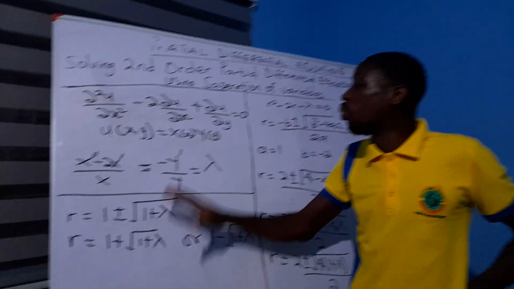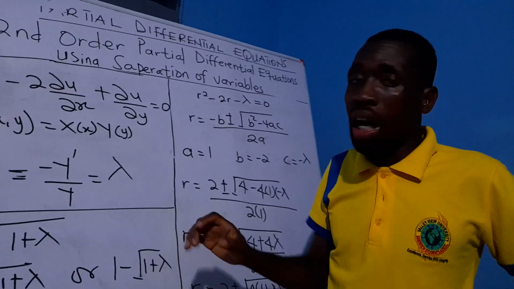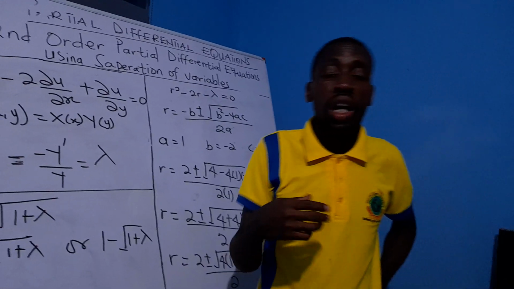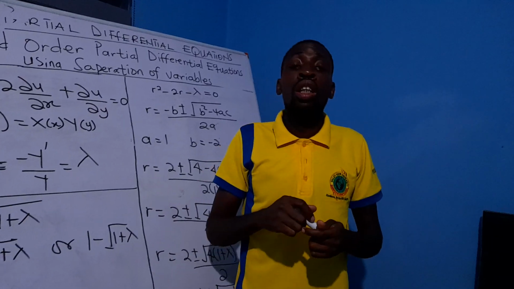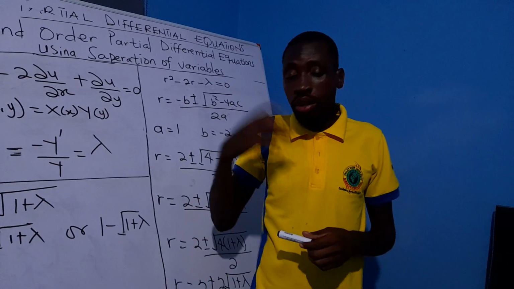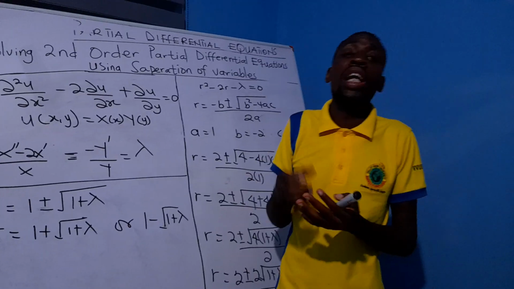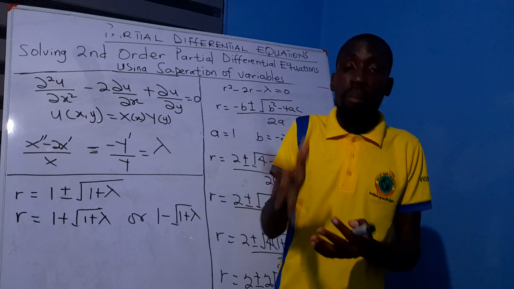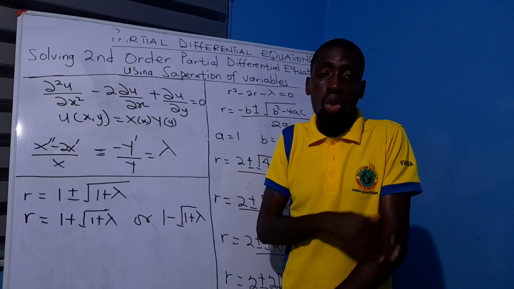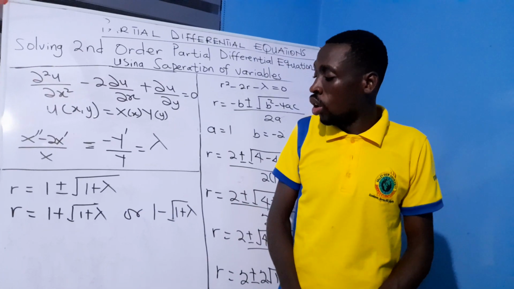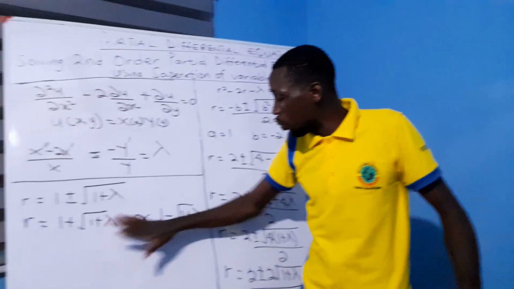Since this is a complete second order equation, we'll leave it like this. But when we go further to find the value of lambda in our subsequent steps, we'll be able to know whether it is a complex root, two distinct roots, or two repeated roots. So let's assume this one is two repeated roots.